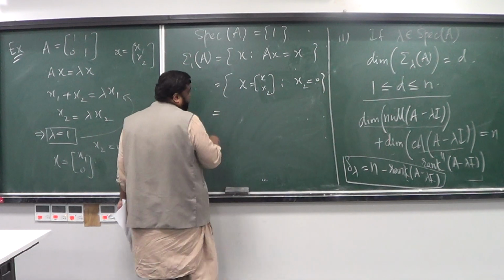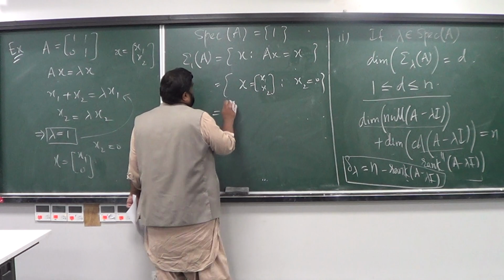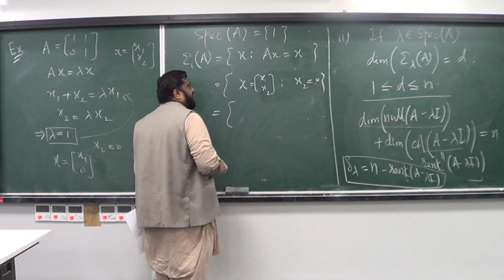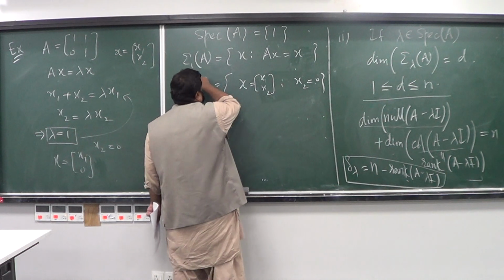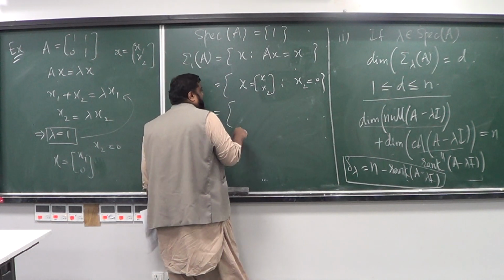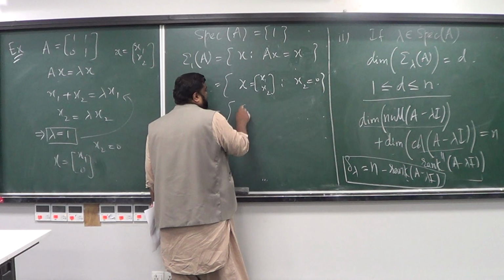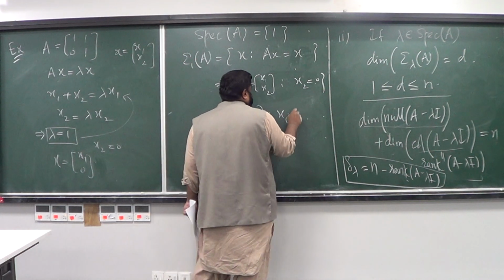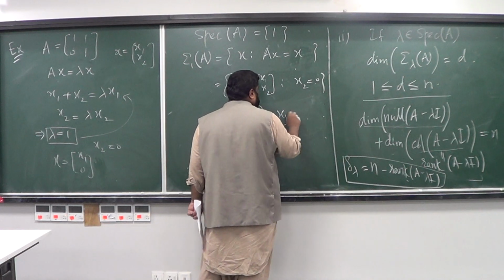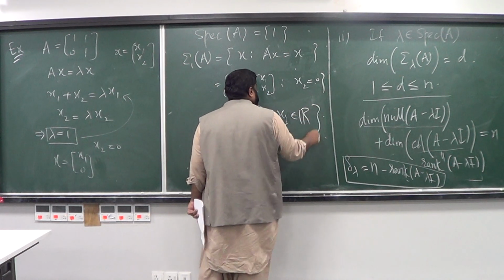In other words, the eigenspace of the matrix A corresponding to the eigenvalue lambda consists of the vectors of the form x1, 0, where x1 is a real number.